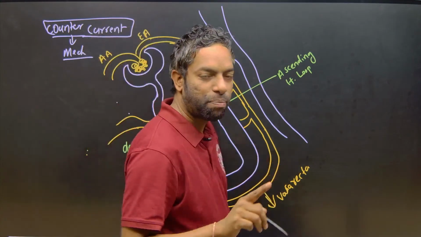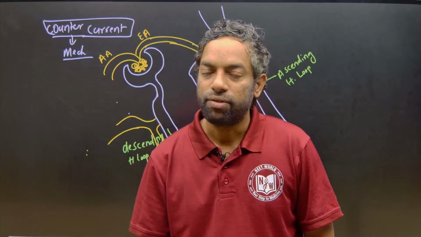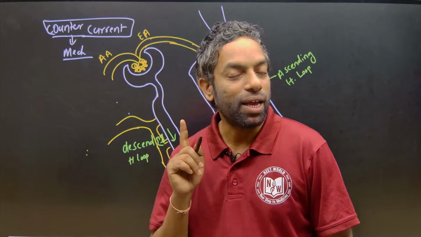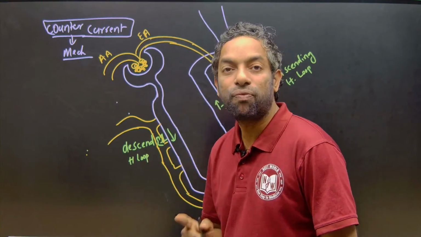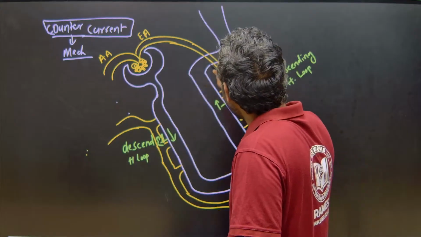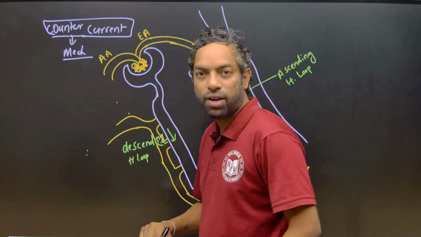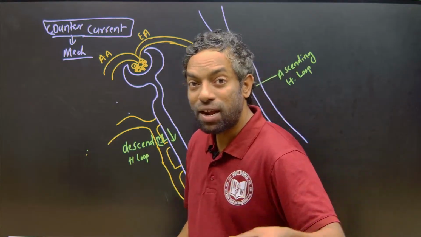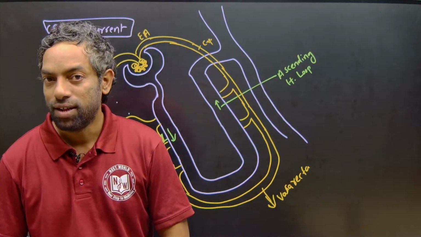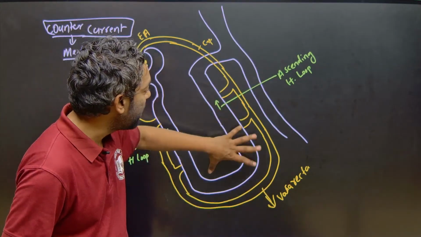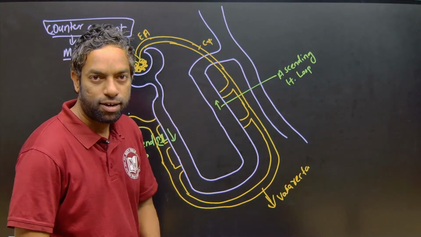The blood delivers oxygen through the capillary. The capillary's main function is to give oxygen to the tissue around the nephron. So this capillary network provides oxygen throughout the nephron.